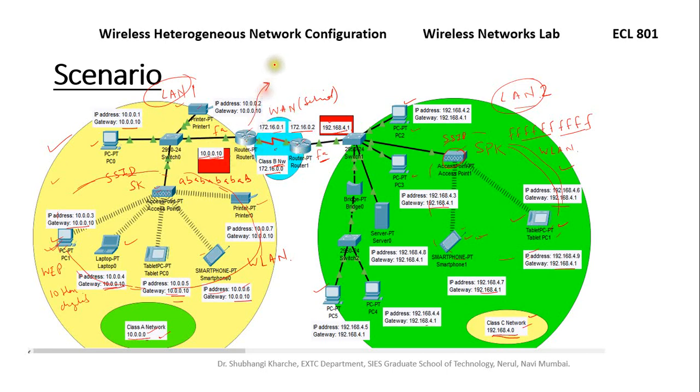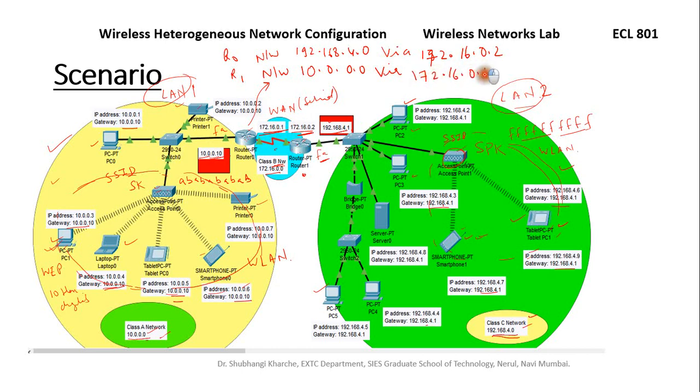While defining the static route on router 0, we'll have to define that router 0 can reach the network 192.168.4.0 via the next hop interface IP, that is 172.16.0.2, this IP, and router 1 can reach the LAN 1 network, that is having the IP address 10.0.0.0 via its next hop interface IP address, which is 172.16.0.1.